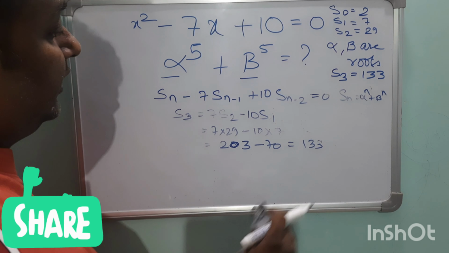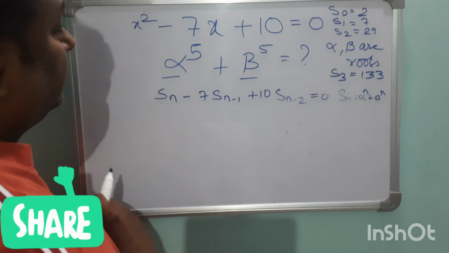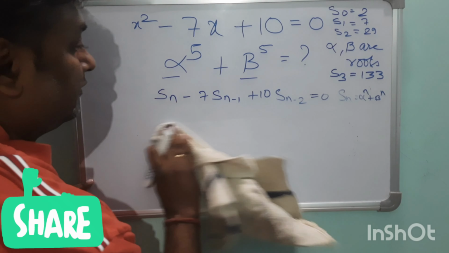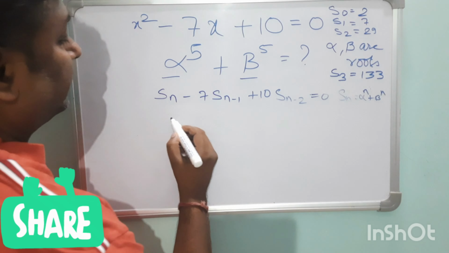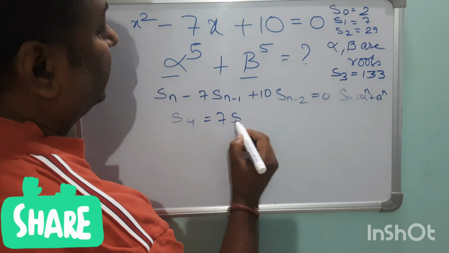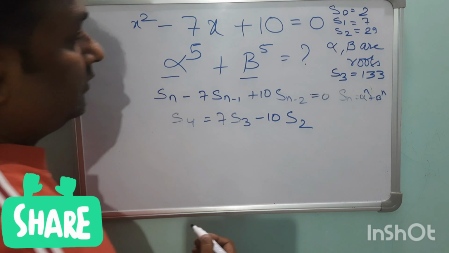So now we will find out S4. What will be S4 for us? S4 equals 7 times S3 minus 10 times S2.